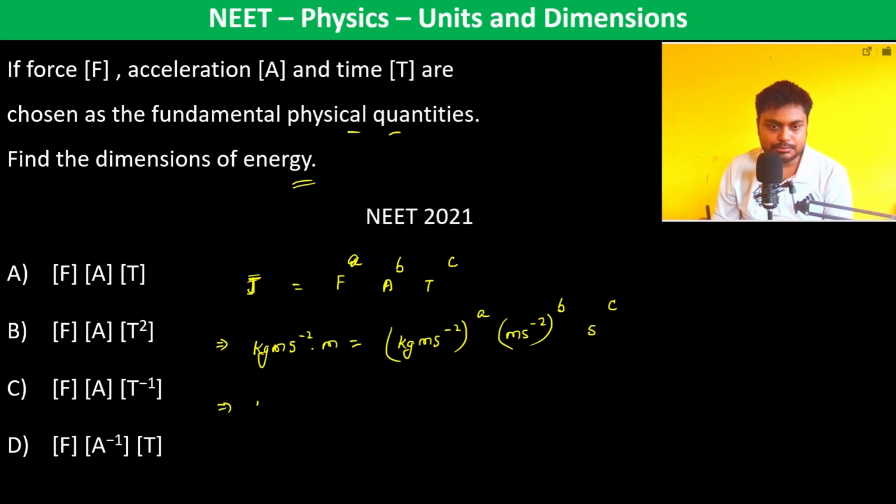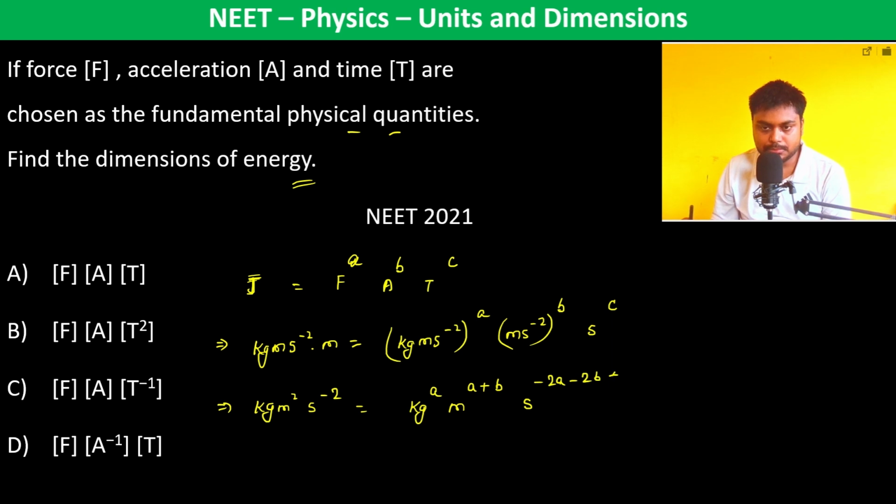So this becomes kg meter square s minus 2, which is kg power a, m to the power a plus b, and s to the power minus 2a minus 2b plus c. So now we compare.